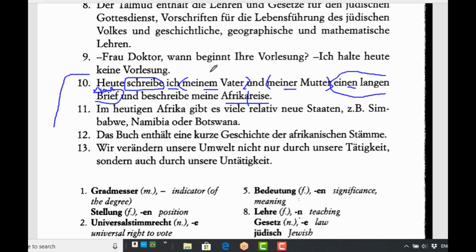And what would this be with definite articles? With the father and the mother. Yeah, it would be dem Vater and der Mutter. Perfect. That's a pretty good exercise, to replace them with the definite article, because then you see how similar it's built upon the paradigm of the declension of the definite article.